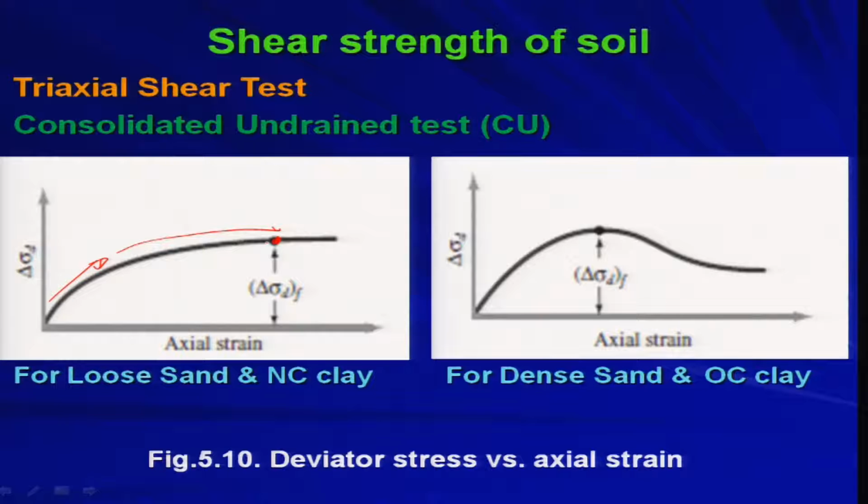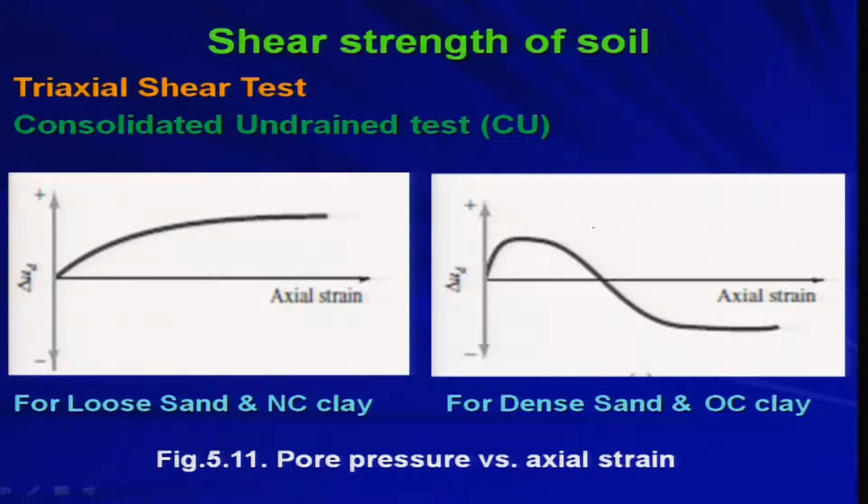Whereas in case of dense sand and over consolidated clay you will get an initial increase, it will reach some peak and then fall down, and eventually it will become constant, right. This point denotes the failure. So, with further increase of axial strain, you will get a fall in the deviatoric stress. Okay.